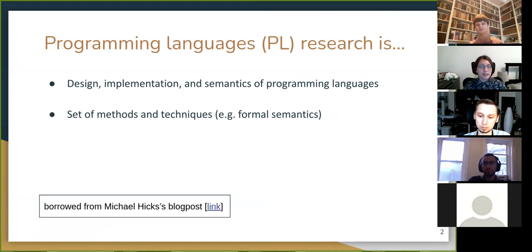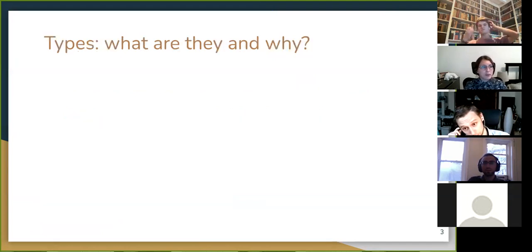And on the other hand, there are a bunch of methods and techniques that have evolved during several decades of PL research, which are also applicable beyond programming languages and might be useful for some other areas. So it might be good to know for both sides of this. But specifically, we're going to focus on type systems, which is just one piece of programming languages research.